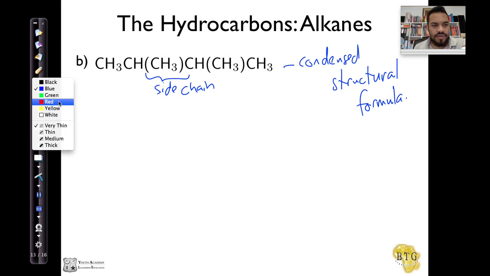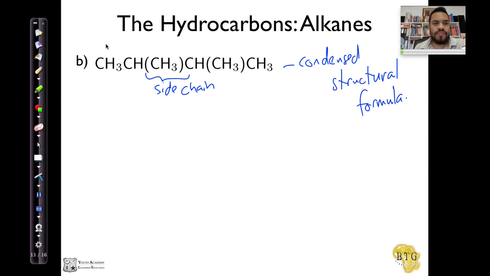What color is good? Are we going to go for red? Let's go for red. The first carbon, which is bonded to that carbon, has got 3 hydrogens connected to it. Okay, so there's the first carbon. There's my 3 hydrogens. The second carbon has got 1 hydrogen and 1 side chain, which I'm going to just draw with a longer line.